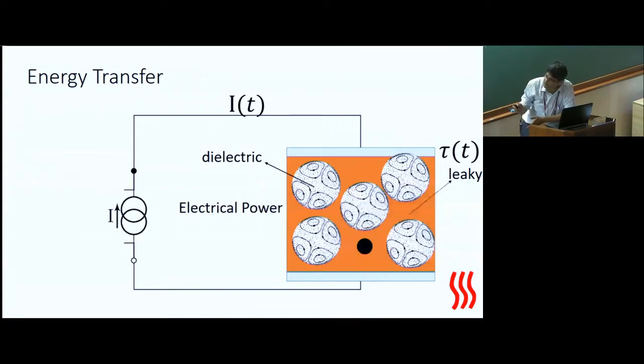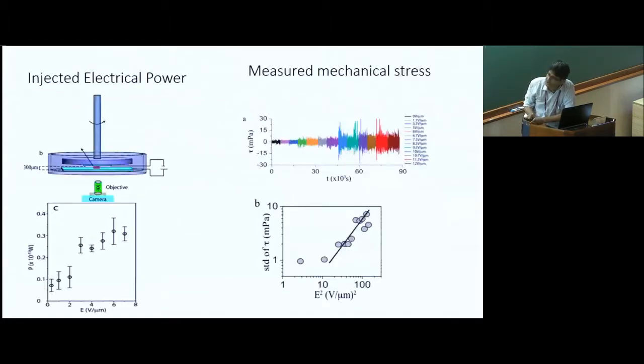To measure both of them, you measure the current fluctuation that comes from your cell. You put a cell inside a rheometer. You measure carefully the electrical power that is injected into the circuit, and you also keep track of the shear stresses that are acting on the plate.